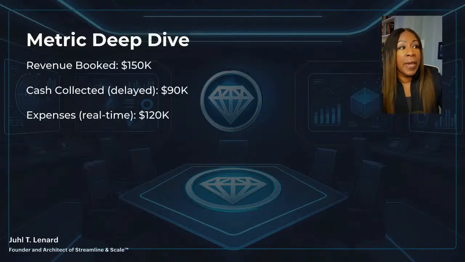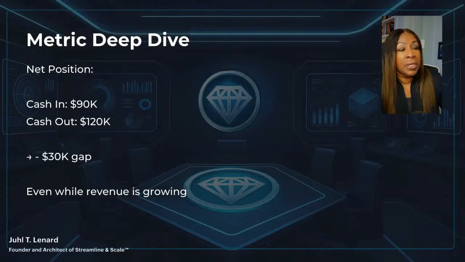When we look at this, let's do a little deep dive. We've got the revenue booked of $150,000, but we have delayed cash collection, so we only get $90K of that $150K that was closed. And our expenses are 120K. We need to incur those expenses to deliver the revenue, but we don't have the cash lined up.